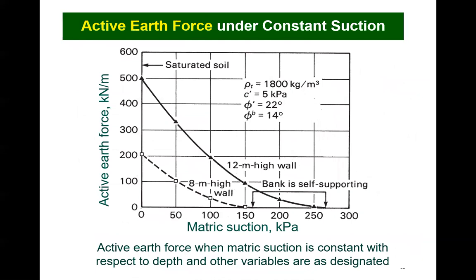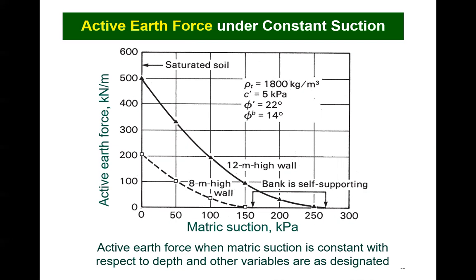Let us illustrate the differences in the active earth pressure against an 8-meter high wall where the soil has various constant matrix suction values. If the soil is saturated with zero suction, the active force would be 200 kilonewtons per meter. On the other hand, if the matrix suction in the soil were constant at 150 kilopascals, there would be no active earth pressure against the wall.